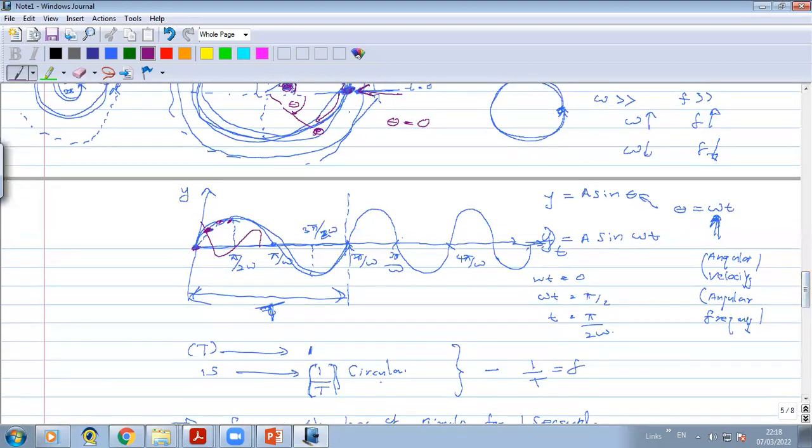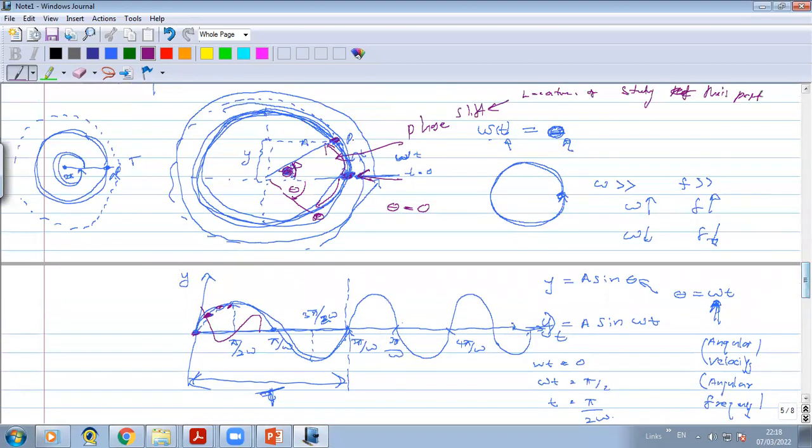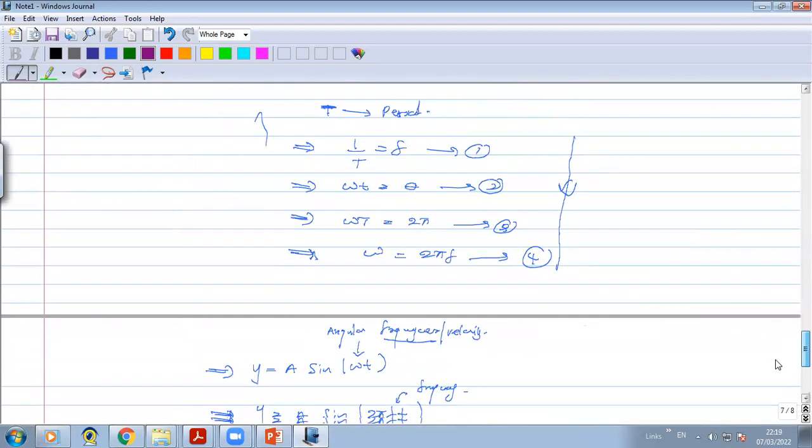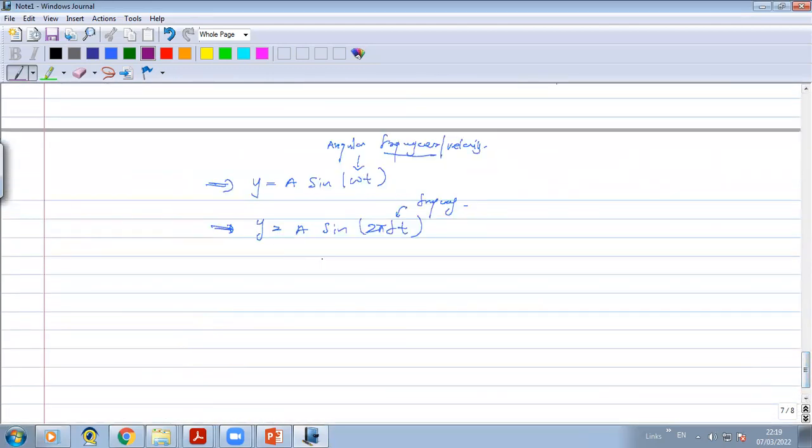Let's say this initial value, not theta, let's take as phi. So this phi is the phase shift, the starting point. So now we can introduce the phase shift here. Now y is equal to A sine(2 pi f t plus phi).